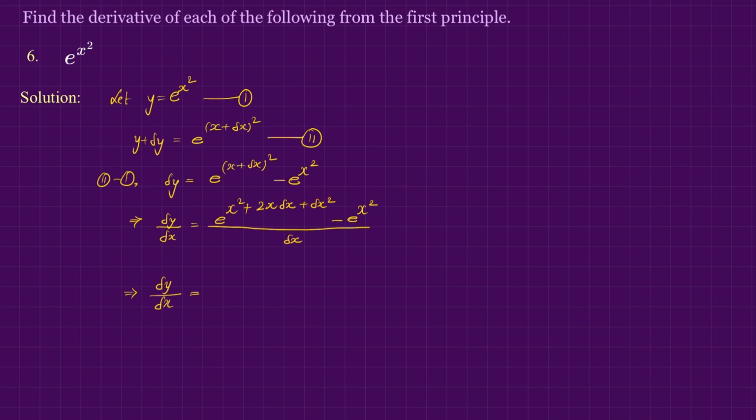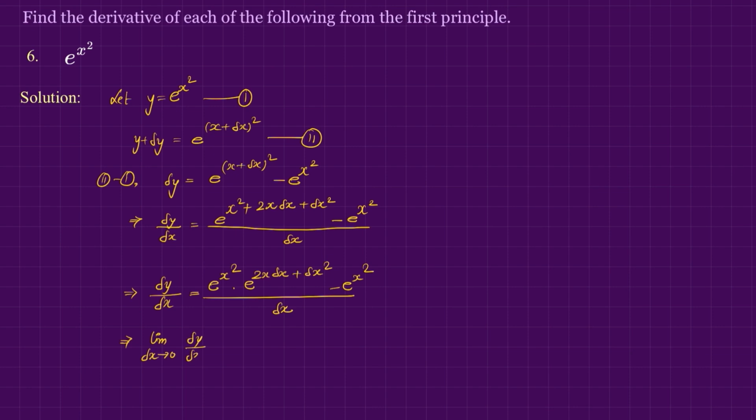We can split that portion into two parts. It will be e to the power x square into e to the power 2x delta x plus delta x square, minus e to the power x square, whole divided by delta x. So now let us treat this equation with limit on both sides.